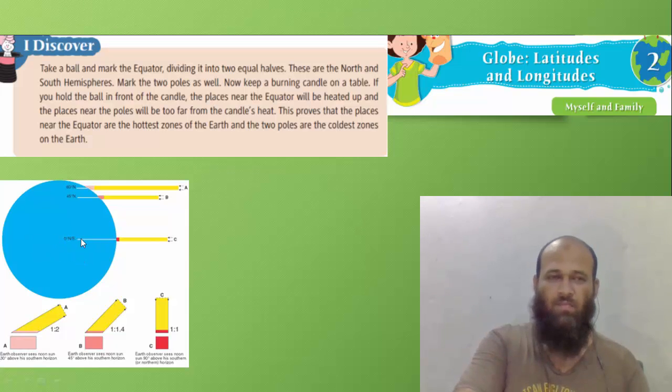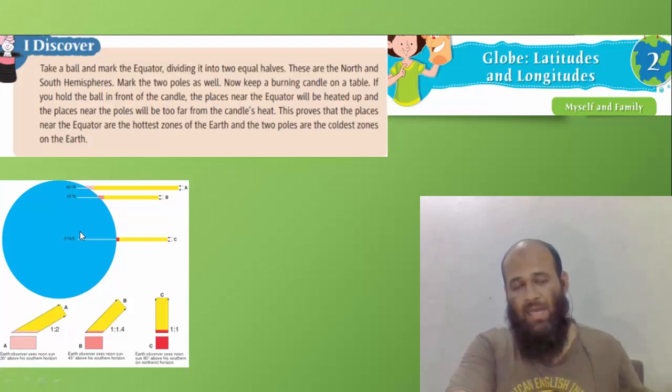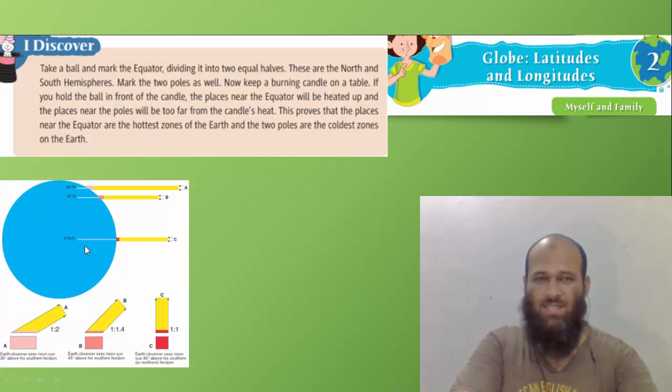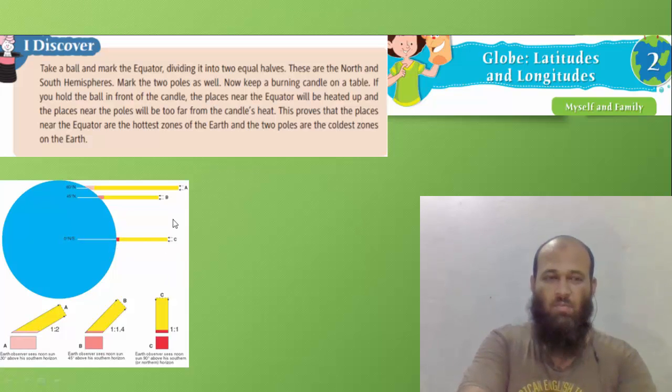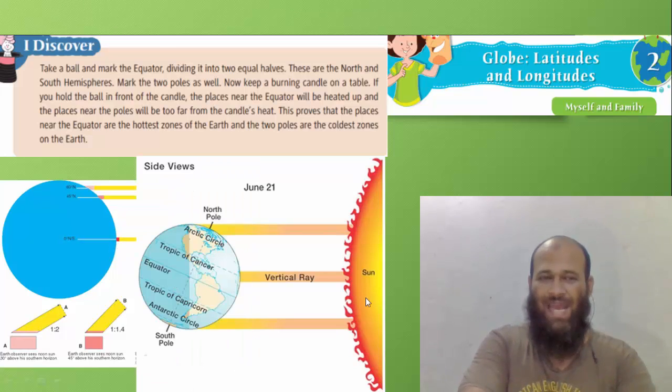Take a ball, mark the equator on it, try to mark the Tropic of Cancer and Tropic of Capricorn latitudes as well, and then see how you feel more heat over here in front of a candle. Put it here just like the sun.